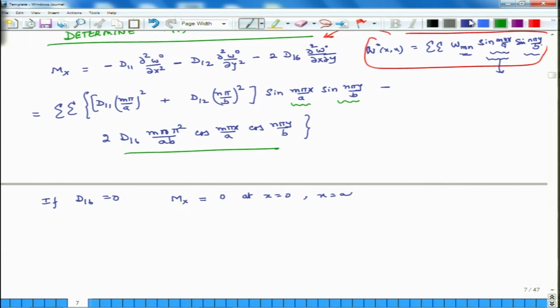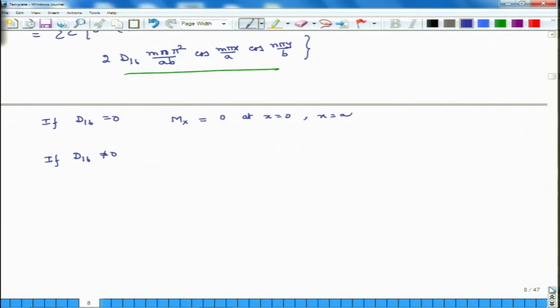But if D16 is not 0, then what happens? Then Mx is equal to minus 2 D16 m n pi square over ab, cosine m pi x over a cosine n pi y over b, and what is its value?